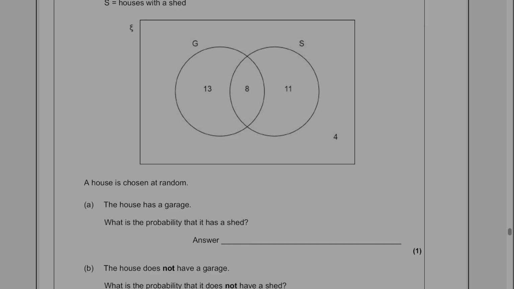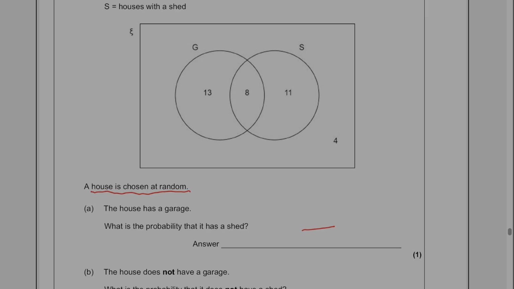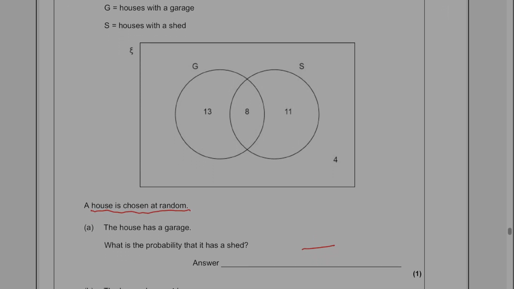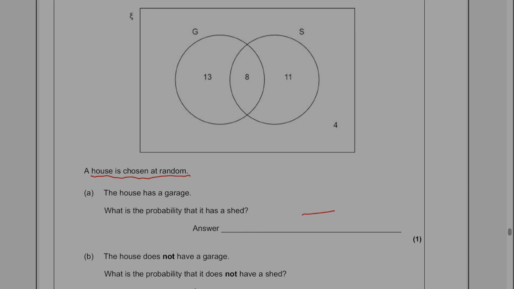So, not over the moon about the wording of this question. I feel that my issue here is picking the denominator. If it tells us a house is chosen at random, that should mean that the denominator is out of the total number. Are we told that total number? We're not. So let's do it over here.